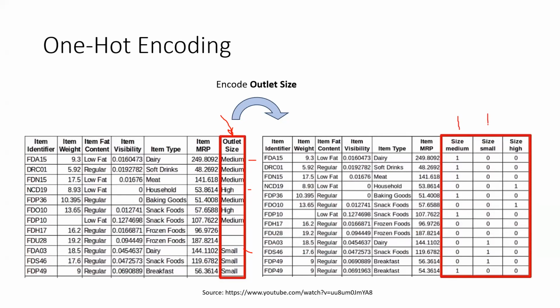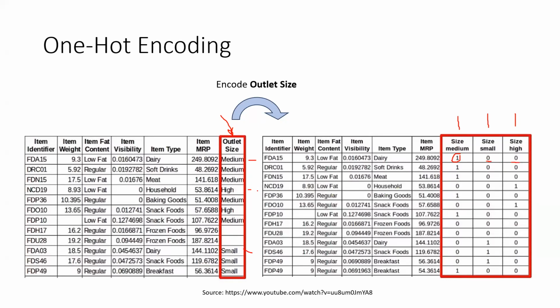So for these categories, in order to identify them, what we do is we introduce three new features into our model, right? Like size medium, size small, and size high, for each of the categories of this feature. When you have a medium sized item, you have one for size medium and 0 for other sizes.